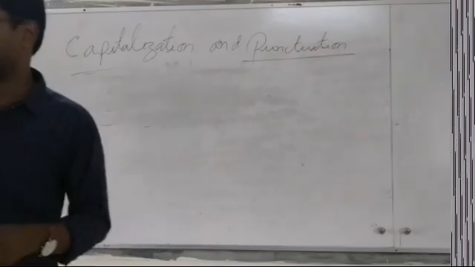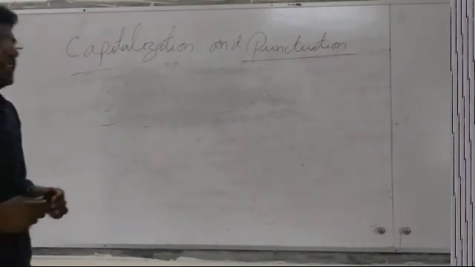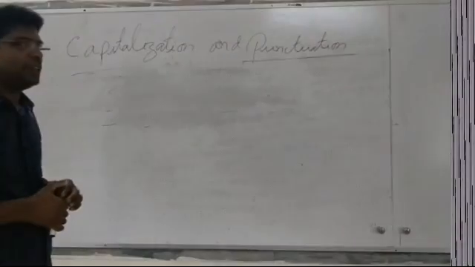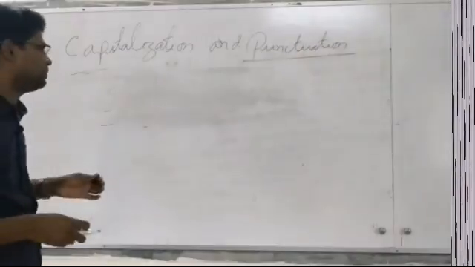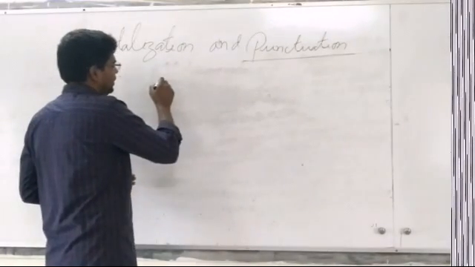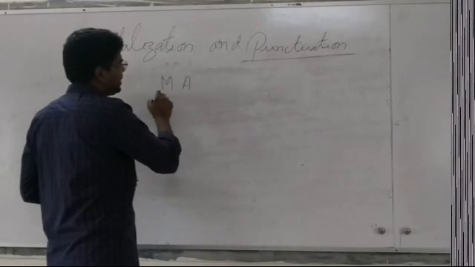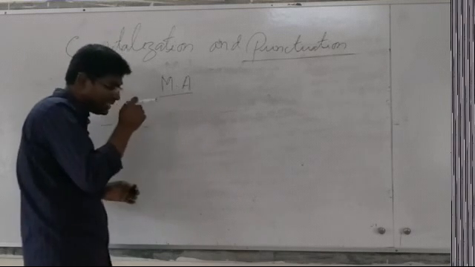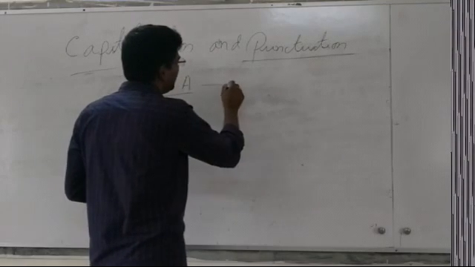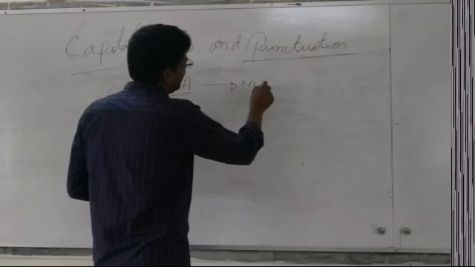In case of abbreviation, we can use dot. M-A, Masters of Arts, but in modern English we can write down M-A.